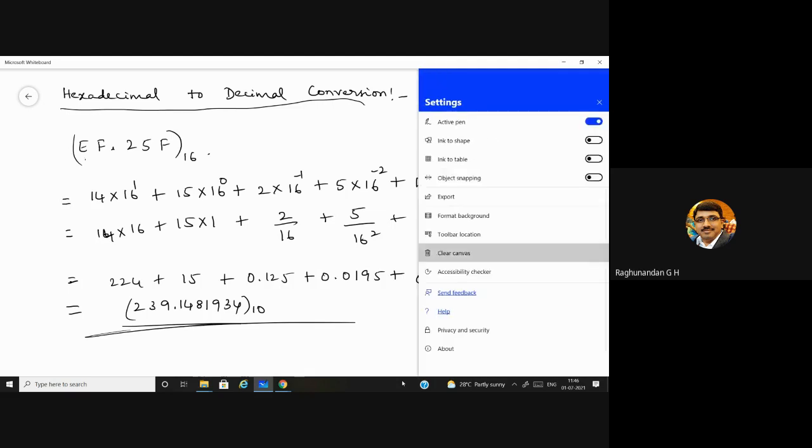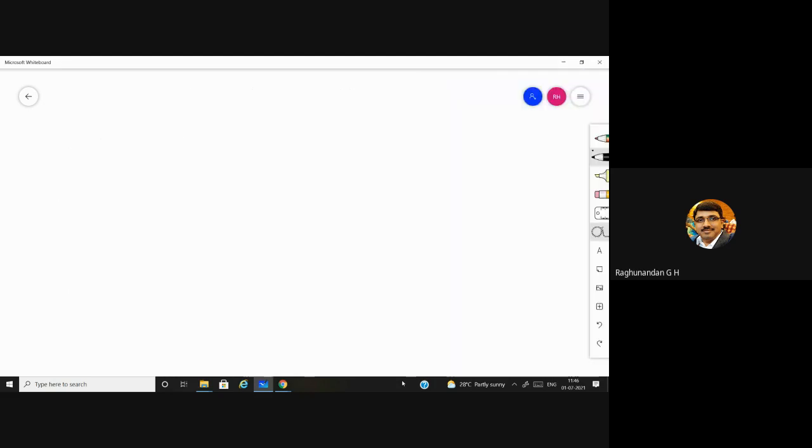So let us take one more example. EF86.72 to the base 16. So we need to convert it into a decimal number system.